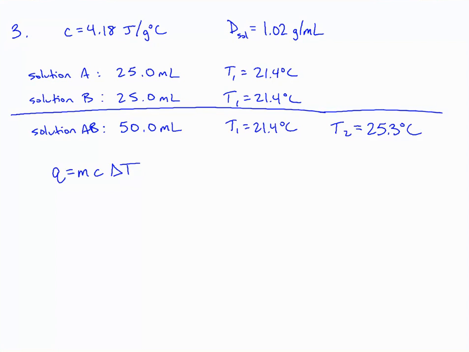When we combine them, we will now have 50 milliliters of solution. And if nothing happened, we would expect the temperature to remain the same. And so the initial temperatures here, we're going to keep for the initial temperature of this reaction. But we're told that the temperature, once the reaction happens, is at 25.3 degrees Celsius.